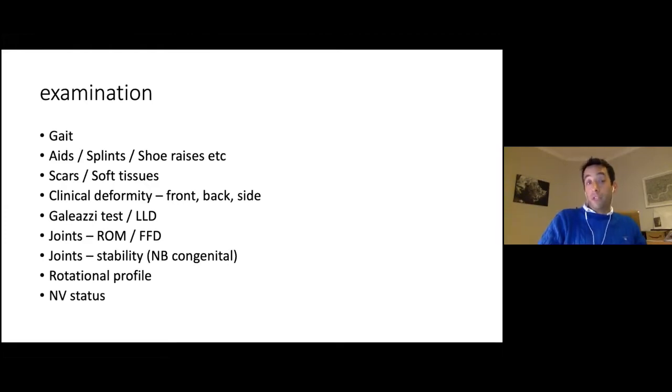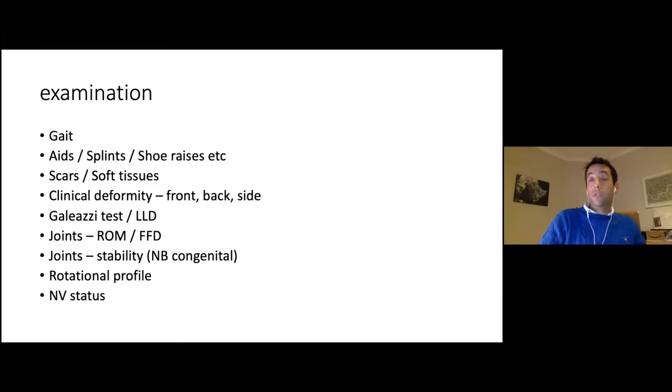You'll need to undress the patient to assess for scars and the soft tissue envelope, including in congenital and in acquired conditions. In trauma, there might be previous plastic surgery and so on, but in congenital, they may have some clear signs of the underlying pathology, and we'll come to that in some of the cases later. You'll need to assess them from the front, back, and side.